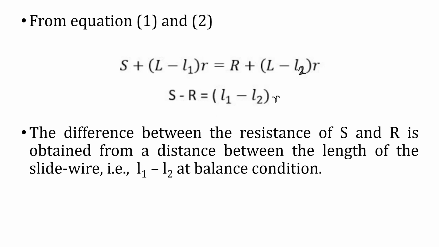From equations 1 and 2, S minus R is equal to (L1 minus L2) into r. The difference between the resistances S and R is obtained from the length of the slide wire, that is L1 minus L2, at the balance condition.